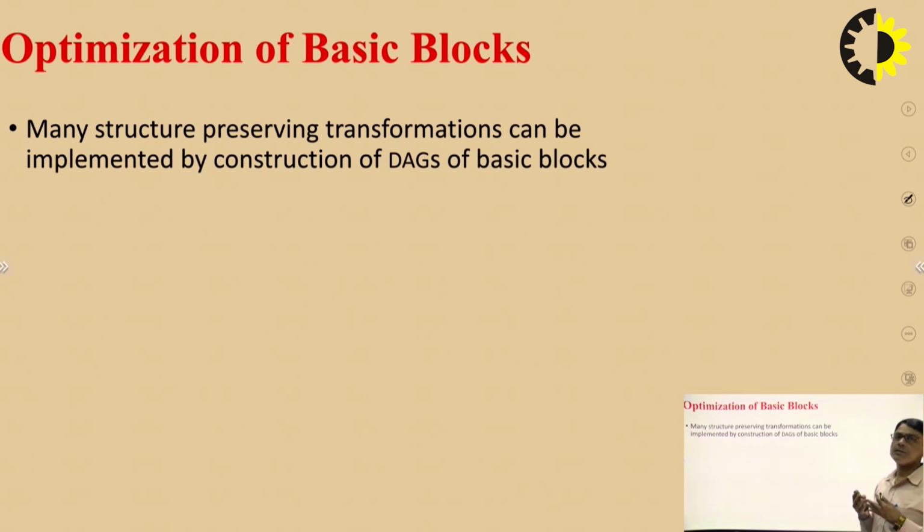And the basic structure used for the DAG is triples, because a number of optimizations will be done in this DAG representation. So optimized triples are the best structure used to optimize these basic blocks.